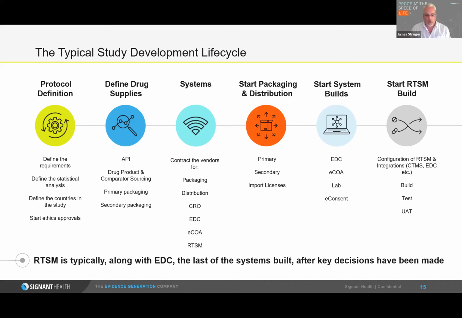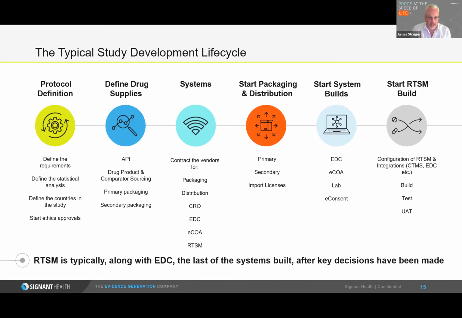So you can see why there would be this perception that RTSM is on that critical path, simply because in the timeline of the study, we're leaving it almost to the last minute before we're up against that hard deadline of first patient in. Now, whether that's a good thing or not, that's something that we could all debate.